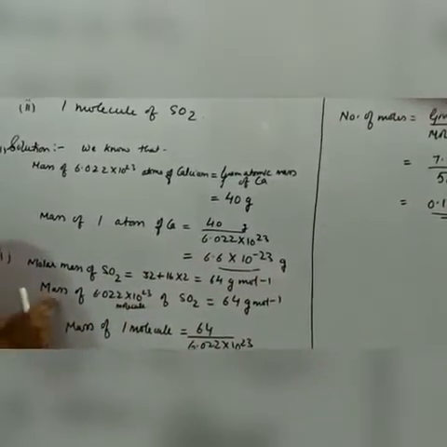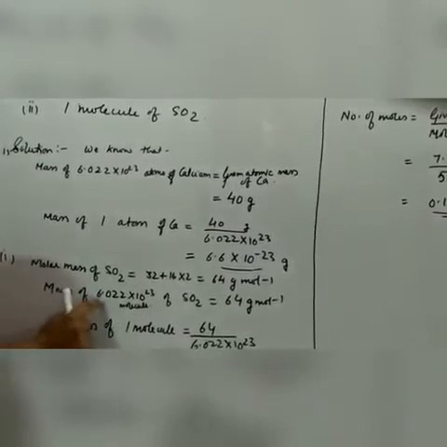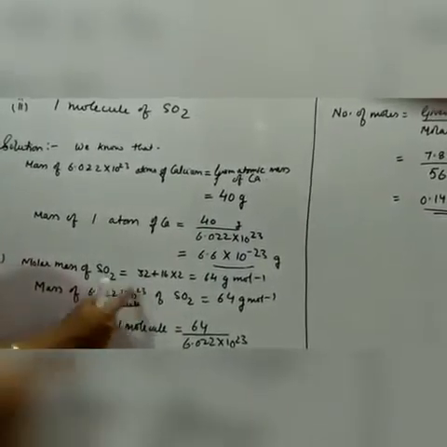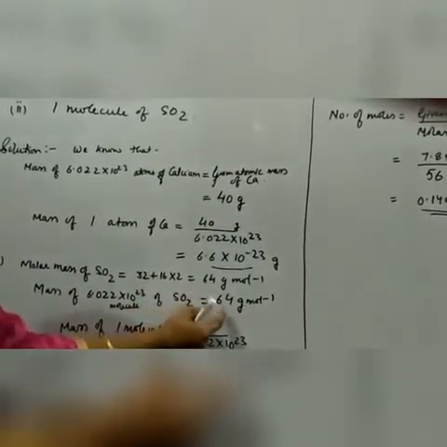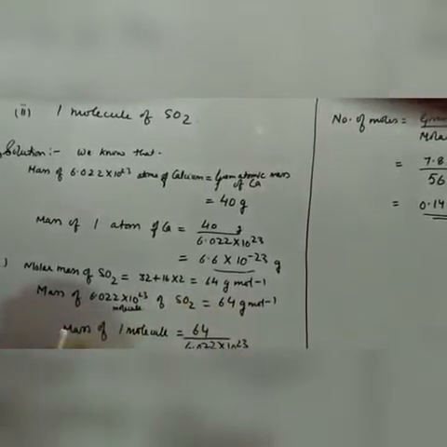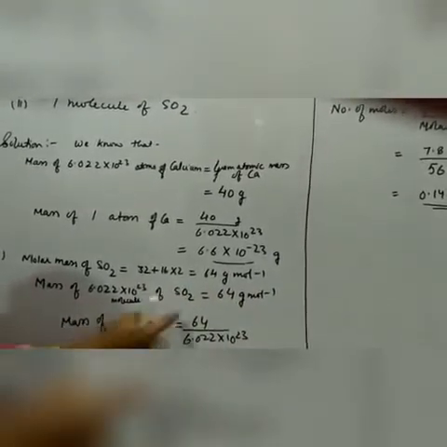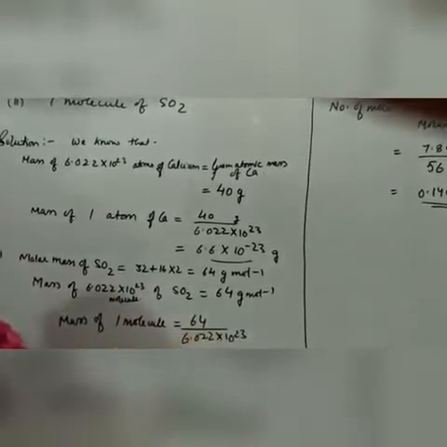Now here the entity is a molecule, so the mass of 6.022 × 10^23 molecules of sulfur dioxide will be equal to 64 grams per mole. Now what is the mass of one molecule? It will be 64 upon 6.022 × 10^23.